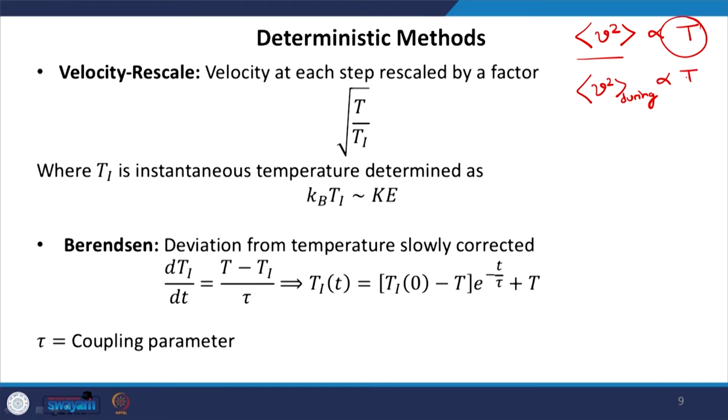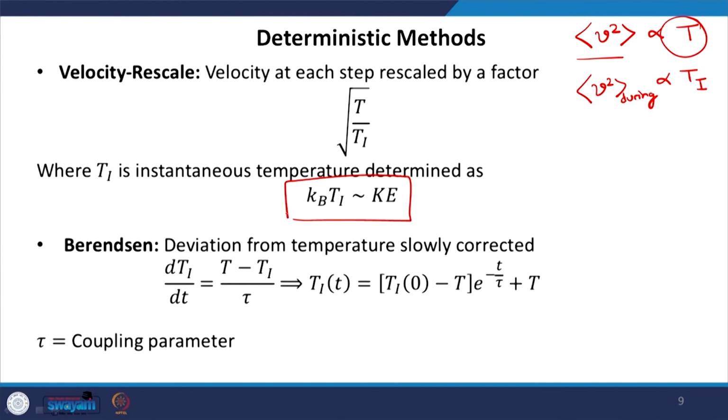is proportional to some other temperature, and we give it the name instantaneous temperature. That is to say, we can define a quantity called instantaneous temperature that represents the mean square velocity. In other words, we can use an equation where the kinetic energy of a particle can be written as something like the Boltzmann constant multiplied with the instantaneous temperature.